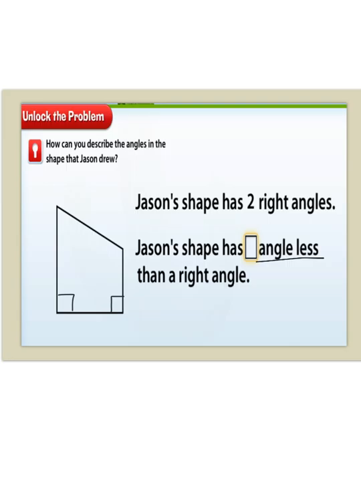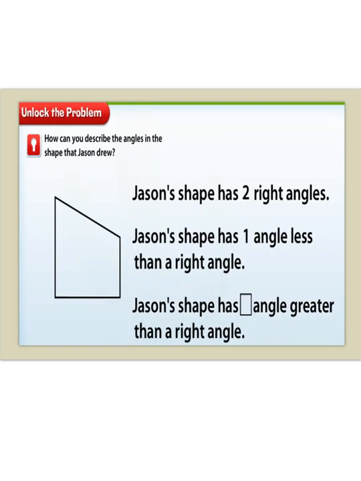So if I take a look here, this one looks kind of small because a right angle will look something like this. So this angle right here is smaller than a right angle. We already mentioned that he had 2 right angles right here and right here.